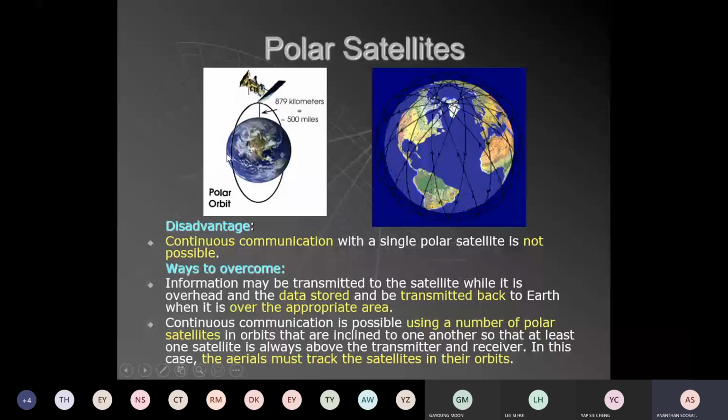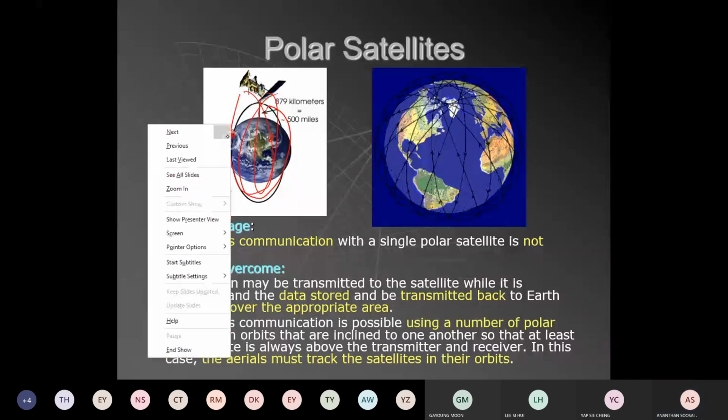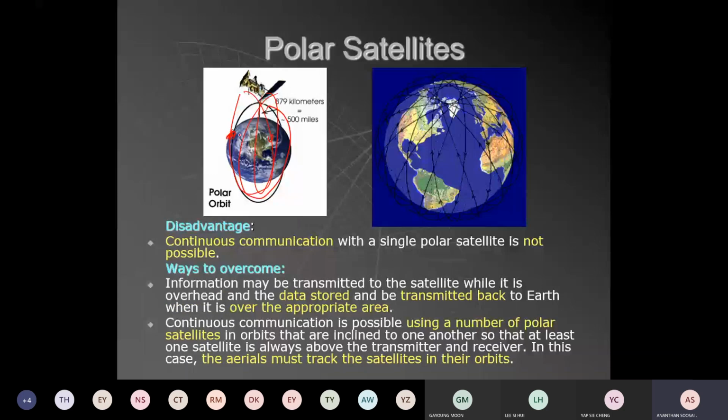Maybe every 25 degrees there will be one polar orbit satellite. This is the Earth, you have one polar orbit satellite here, and another one here. When one skips, another one will be reaching Brazil. And all these polar orbit satellites will be monitored by one station on the ground. So continuous transmission is possible.